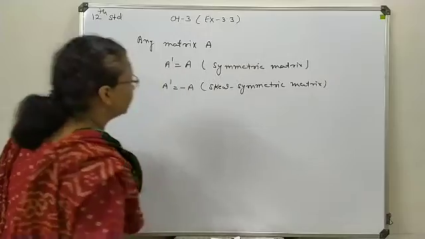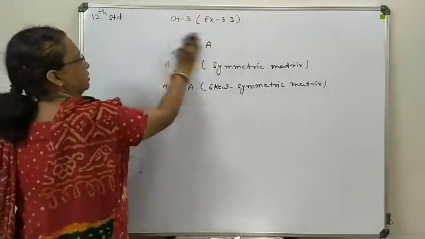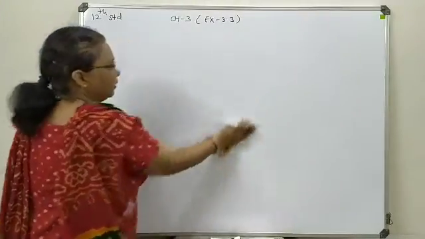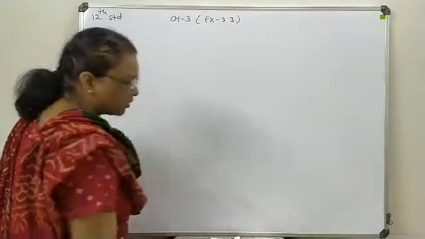Now let us look at one theoretical concept based on these two terms: which combination can be considered symmetric, and which can be considered skew symmetric.